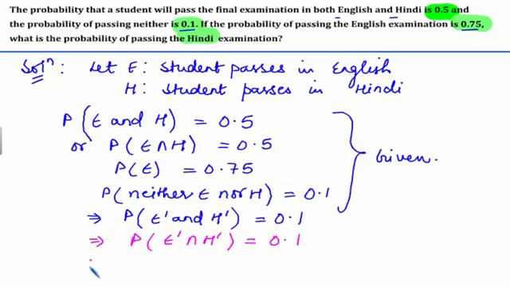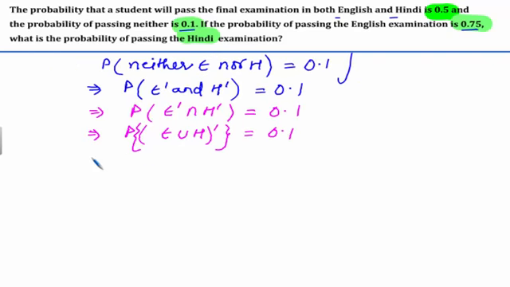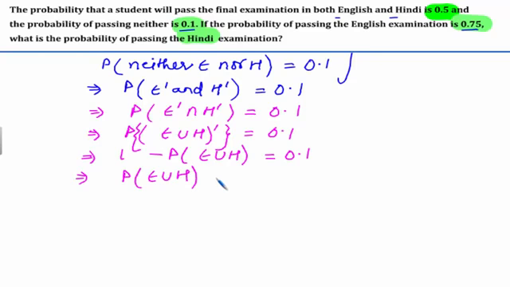This can further be written as probability of (E union H) complement is equal to 0.1, which can be written as 1 minus probability of E union H. So this is equal to 0.1, which further implies that probability of E union H is equal to 1 minus 0.1, which is equal to 0.9.